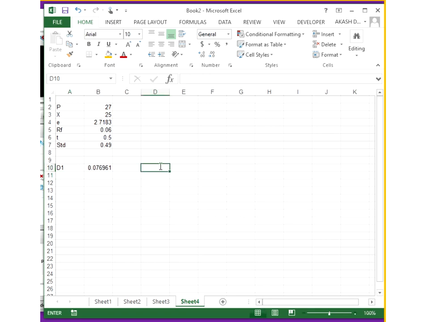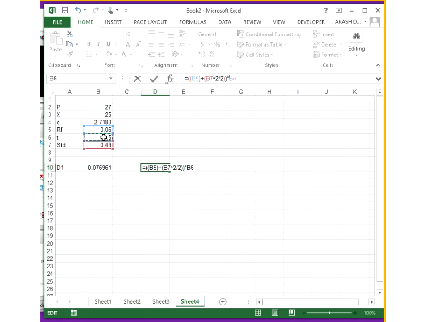So RF is going to be this one, 0.06, and this is going to be sigma squared divided by 2, and the entire thing will be multiplied with T.